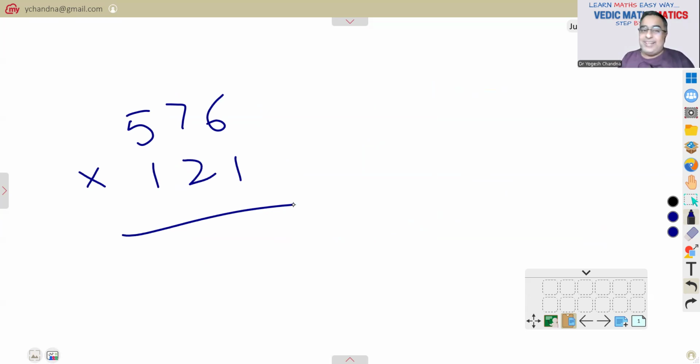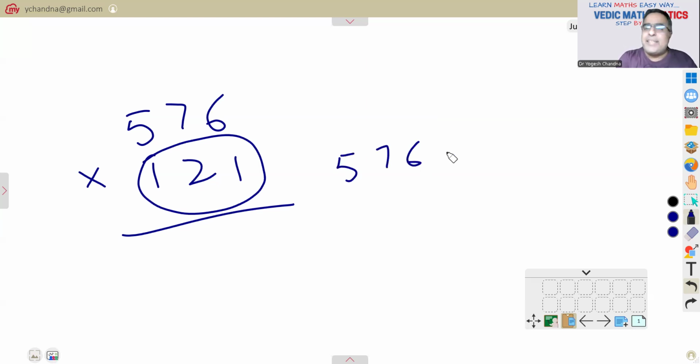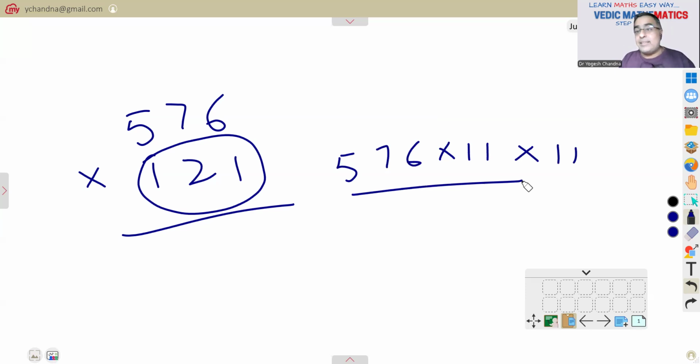No. But the people who are doing Vedic maths immediately recognize this. It is nothing but 11 into 11. Very simple. 576 into 11 can be done mentally. That is 6336. And further, if you multiply with 11, it becomes 69696. So what was taking 3 minutes could be done within 5 seconds.